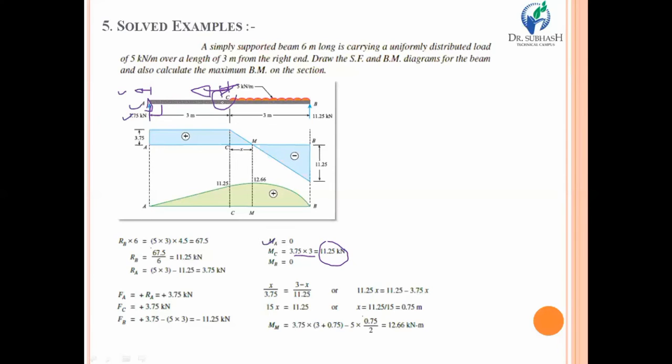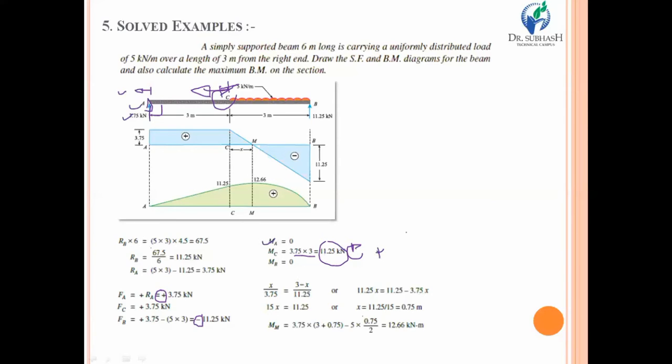As we have discussed, the sign convention for lateral or shear force is that if a force is acting in upward direction, you should take it as positive, and if acting in downward direction, it should be taken as negative. A similar sign convention you should follow for bending moment. Suppose the bending moment is acting in clockwise direction, you have to take it as positive. Be sure about that sign convention for bending moment.